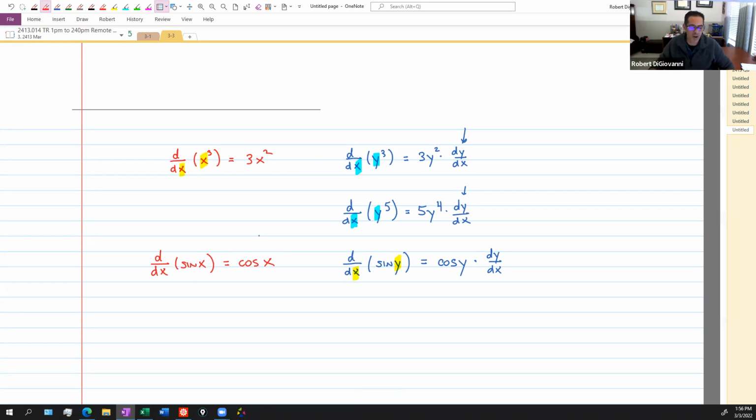I wonder if anyone's caught on to the fact that what we're doing over here is exactly the same as what we're doing here. Look at this one. What if I told you to do chain rule on this one? You would bring the 3 out first, x squared, then what would you multiply by? The derivative of x with respect to x, which would be dx over dx, which is 1.